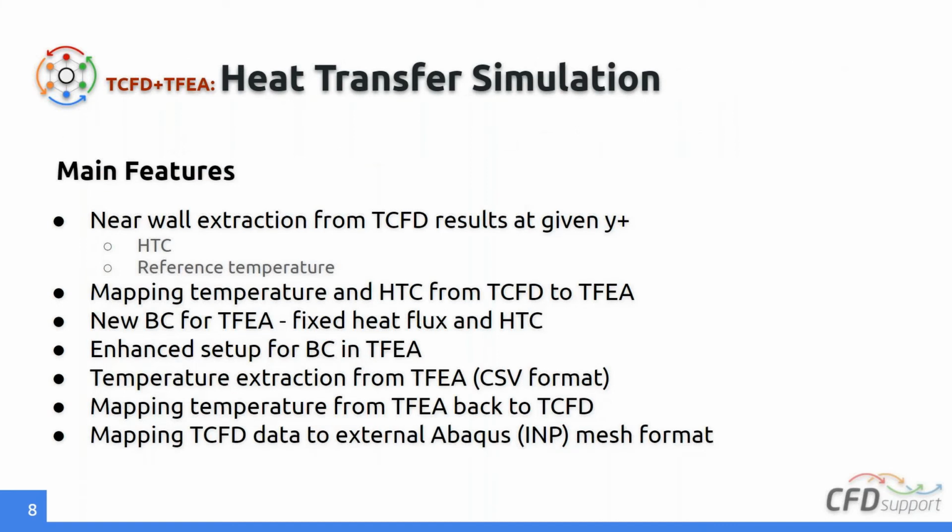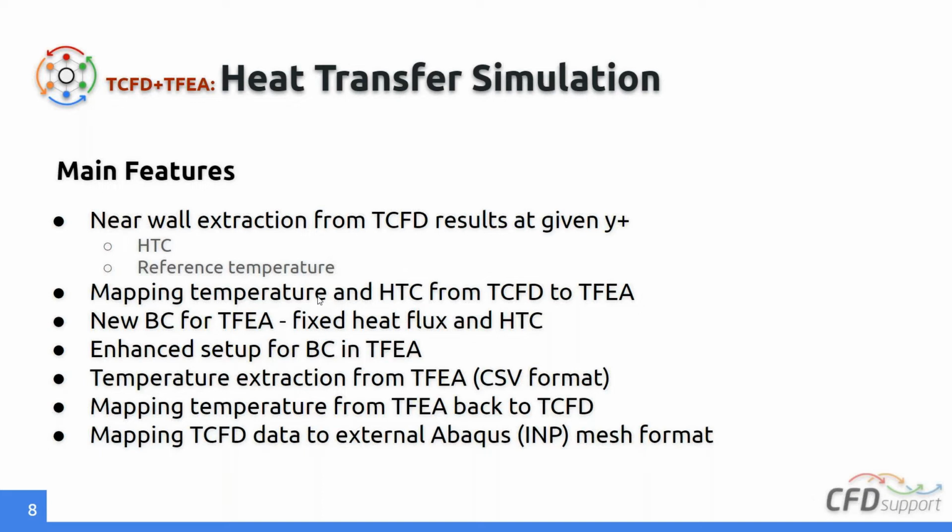Well, one of the bigger projects we have done and implemented within the TCAE workflow is this kind of heat transfer simulations. So what are the main features of this? We have developed a near wall extraction from TCFD data at the given y plus. This feature can extract the HTC, or heat transfer coefficient, and the reference temperature.